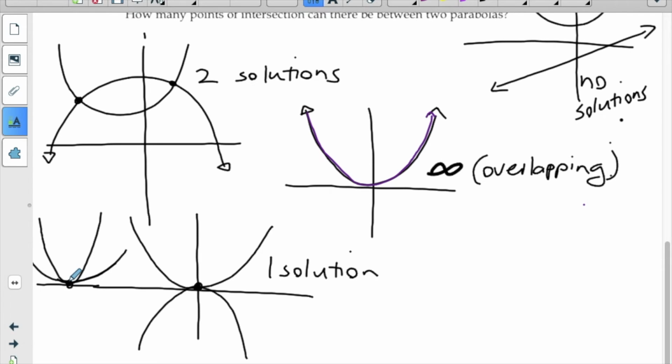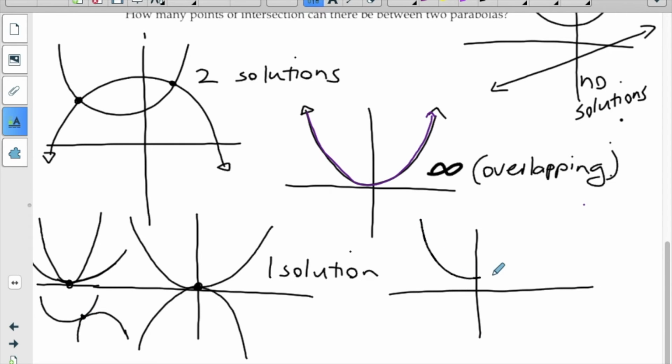Let me think. Can I get back to you on that? I'm trying to think, like, you mean like this? Yeah, I think that could happen. They could be tangent to one another. Okay. Yeah, I think they could have one solution.